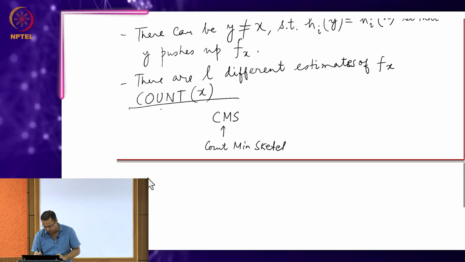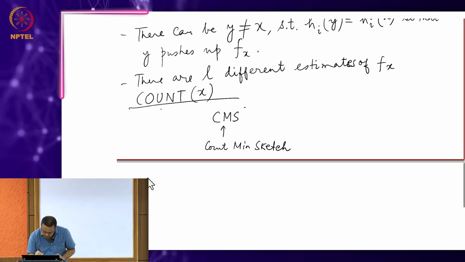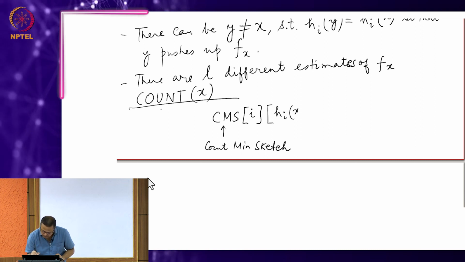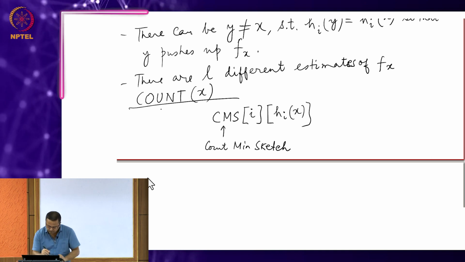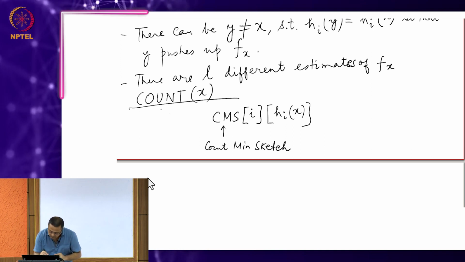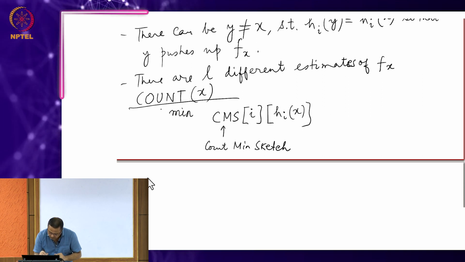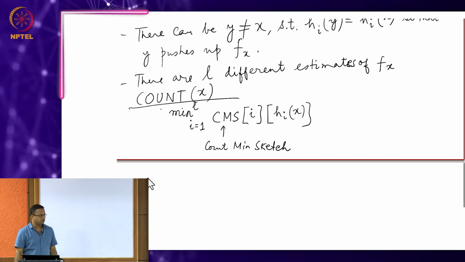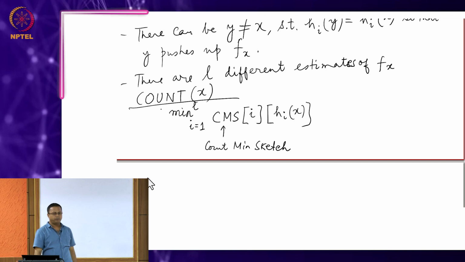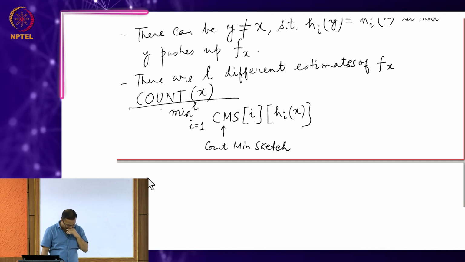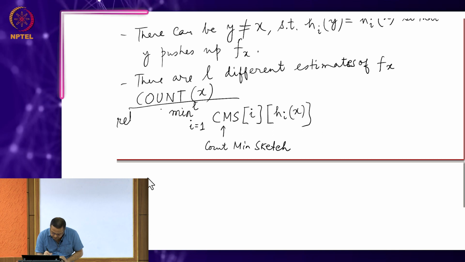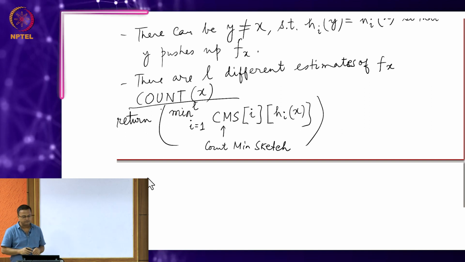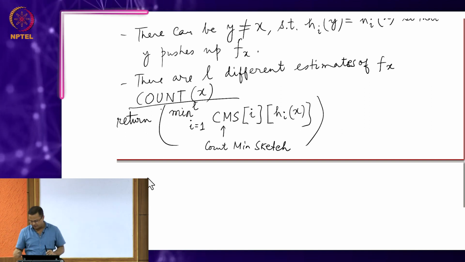This algorithm is very popularly known as count min sketch. Right. So, that is what I said, take the minimum among these independent trials, and this is what you return. So, CMS is this array.